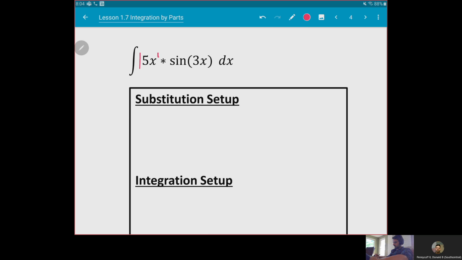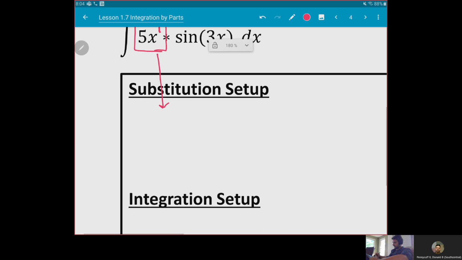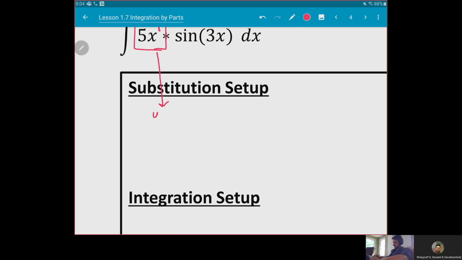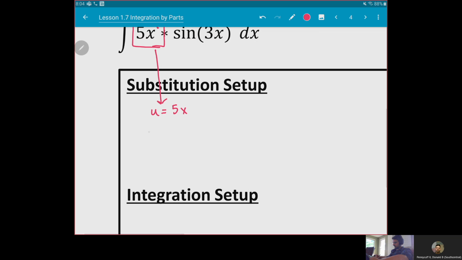So this right here is going to be my u. That's just going to be rule number 2. So that's going to be u is equal to 5x. So u prime, the derivative, is equal to 5. And just like we did before, that's du over dx is equal to 5.